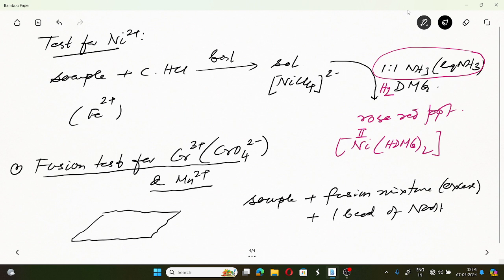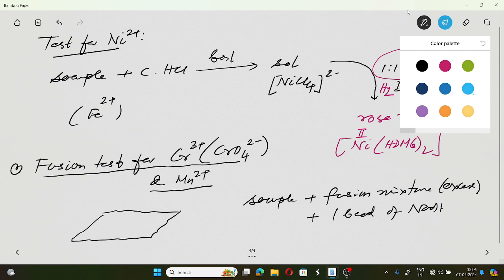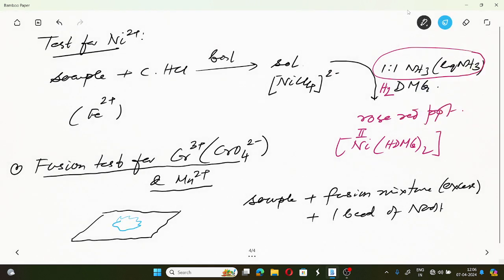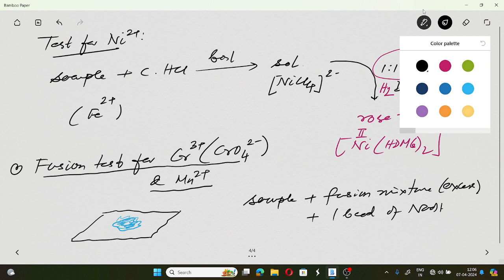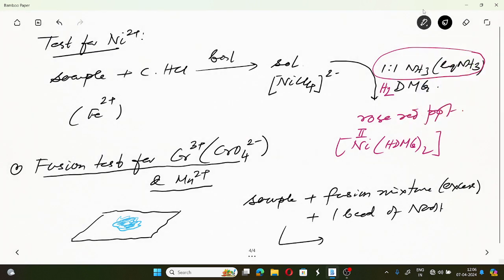So you take this entire thing over this mica foil, and then you fuse it. And this will be subject to fusion.